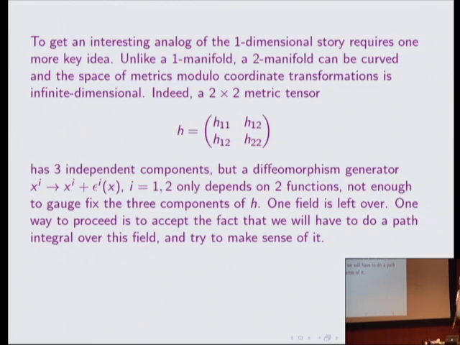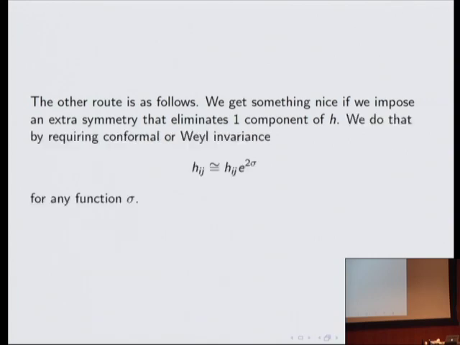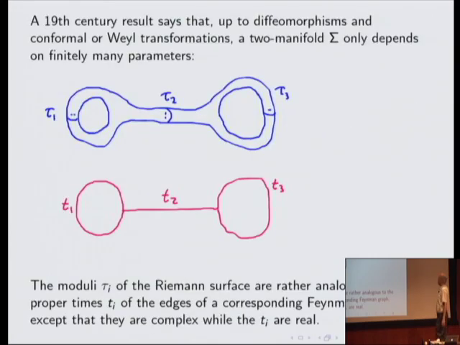So we then are back in the same situation as in one dimension, with only finitely many parameters after gauge fixing. A 19th century result, in fact, says that up to diffeomorphisms and conformal transformations of the metric, a two-manifold only depends on finitely many parameters.